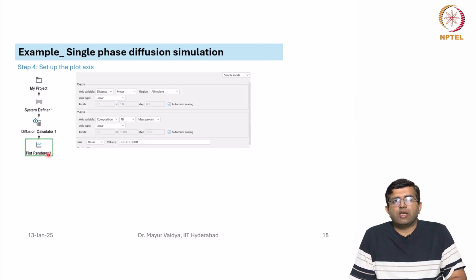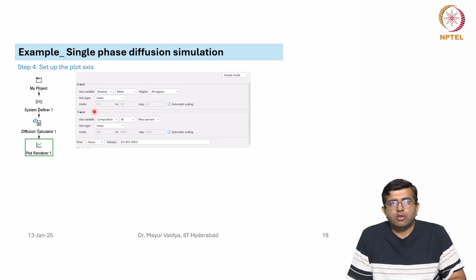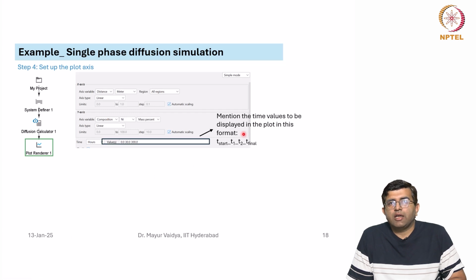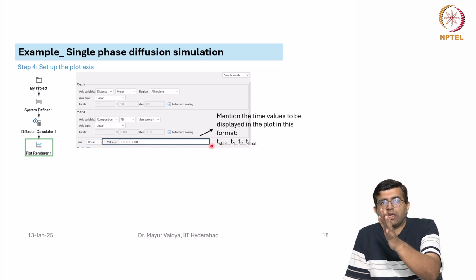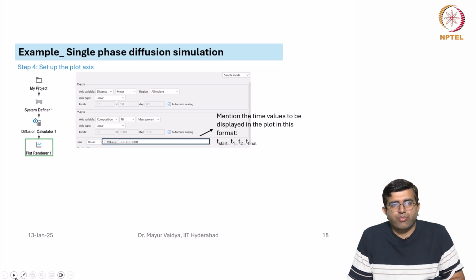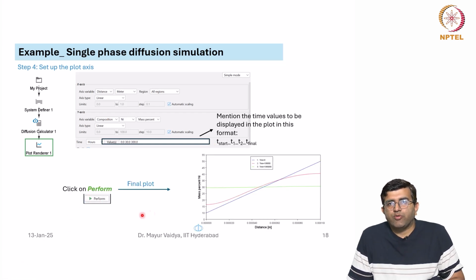Now, in the plot renderer, set the plot axis, the axis of the graph that you want to generate, and you mention the time values to be displayed in the format T start, T1, T2, to T final. So, at different times it can give you the simulations. Then you click on perform. You can see that the blue line is the one which we started with, which was a simple linear variation.